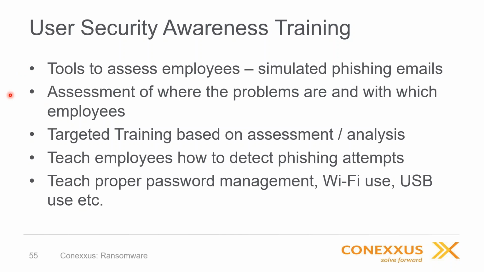From that information, targeted training is delivered based on the assessments and analyses done at an employee level. So we don't bother employees who are good at avoiding phishing, but we teach those who have been known to open phishing emails during the testing how to detect it, what to do, and so forth. And this includes not only phishing attempts by email, but also proper password management, how to best use Wi-Fi and avoid issues with that, USB drives, etc.